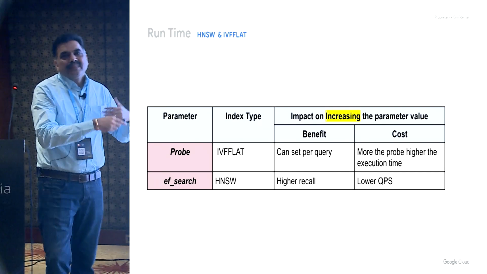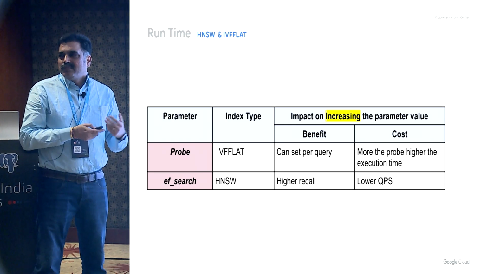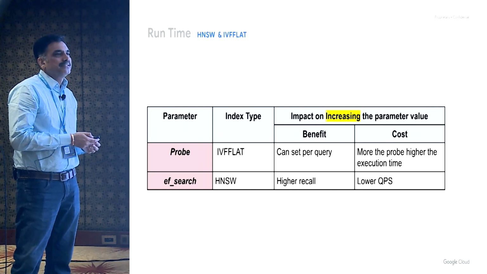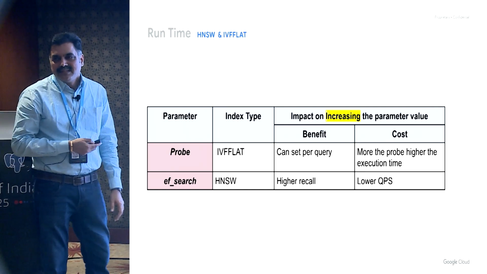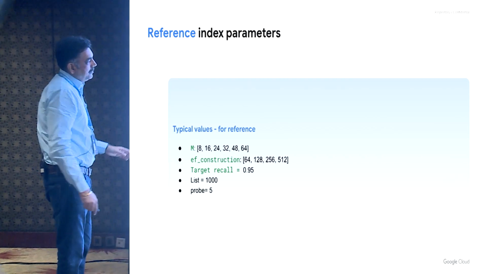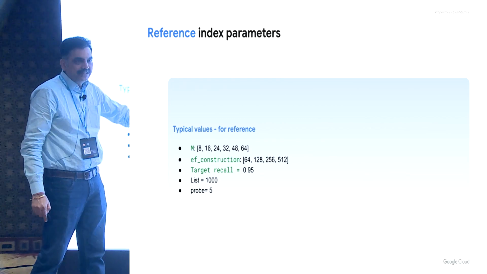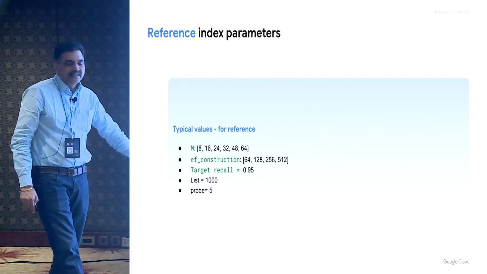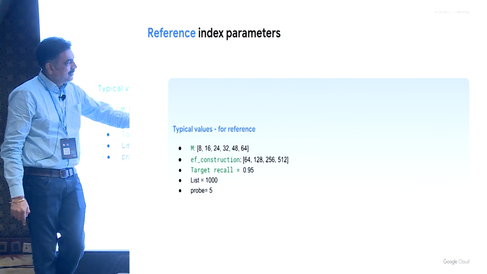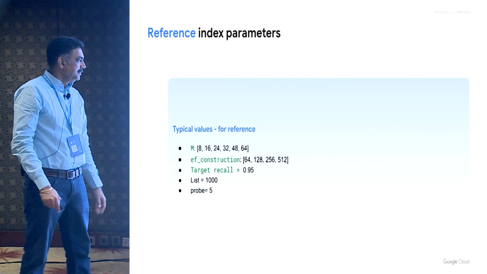I'll give you some ballpark numbers for what to use in practice, but let's not blindly follow them. These are the typical values. For M, when you create indexes for construction, we start from 64 onwards and go up to 512.